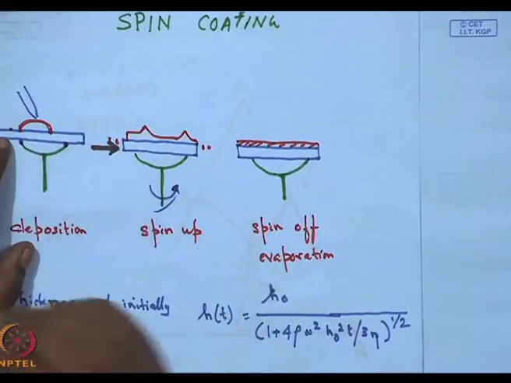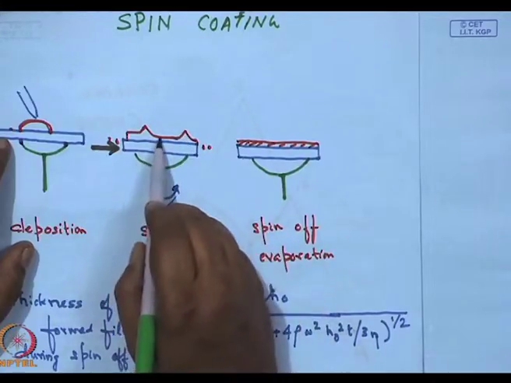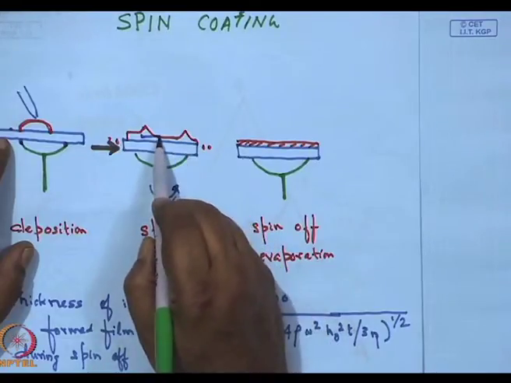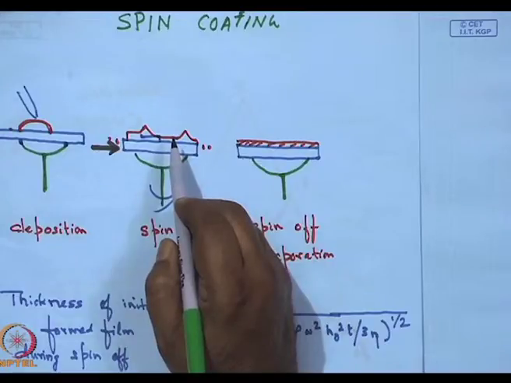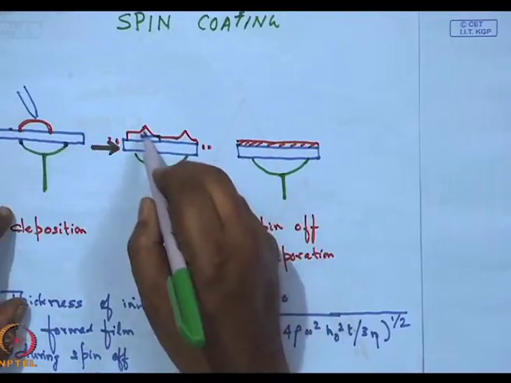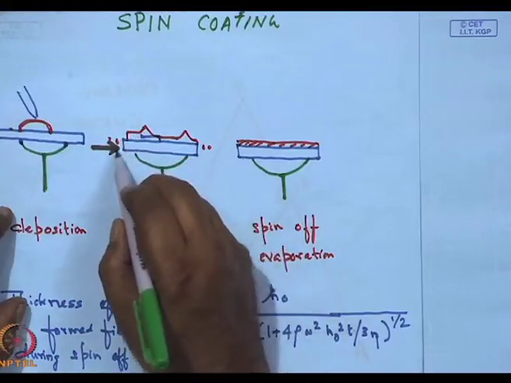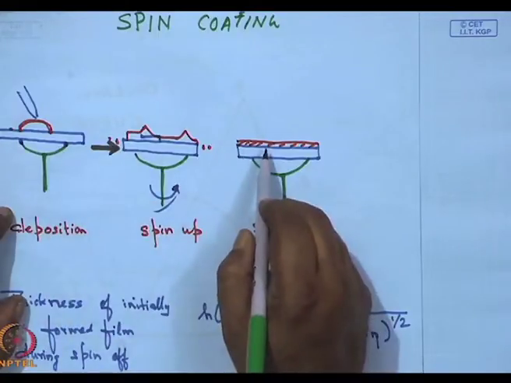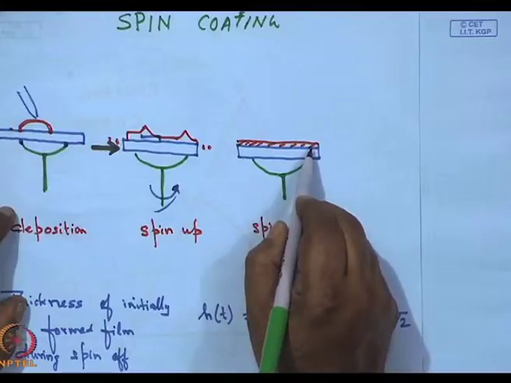When you start spinning, these wave fronts were generated because the liquid tries to move away from the center, generating the waves which you saw in the last one. So here the liquid, as you keep on adding more and more, this wave front forms and the extra liquid goes away, finally leaving a thin coating of liquid on the surface.